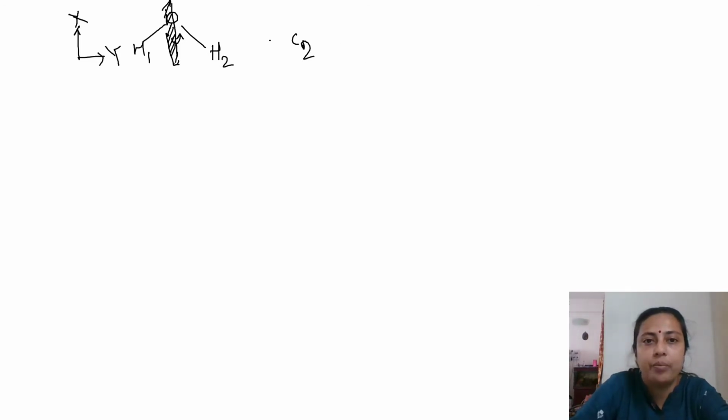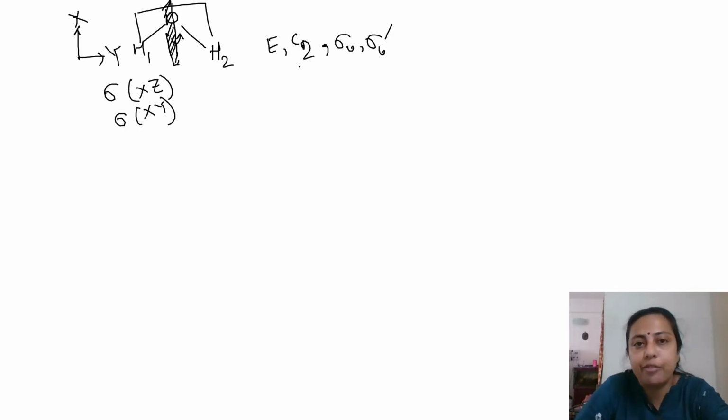So it is having E, C2, sigma V, sigma V prime. The other sigma V is the molecular plane itself, that is the XY plane. So one sigma is the XZ plane, the other sigma is the XY plane. So there are two sigma V's, one C2, that would lead to the molecule being C2V point group.